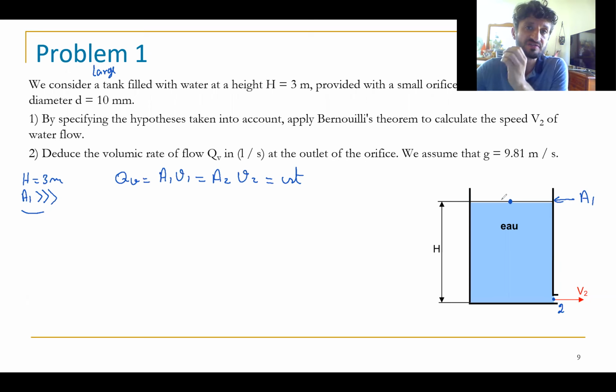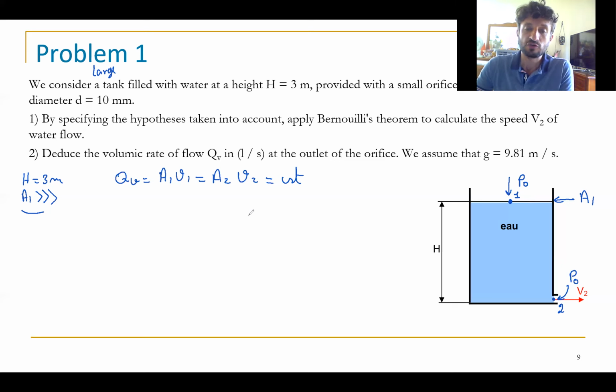Because I know its value of P: P applied at this point equals P0. The point 2 is also in contact with the external pressure, so P0 is applied there too. So at any point in contact with the external atmosphere, we can take P equals P0, like the point 1 and the point 2.